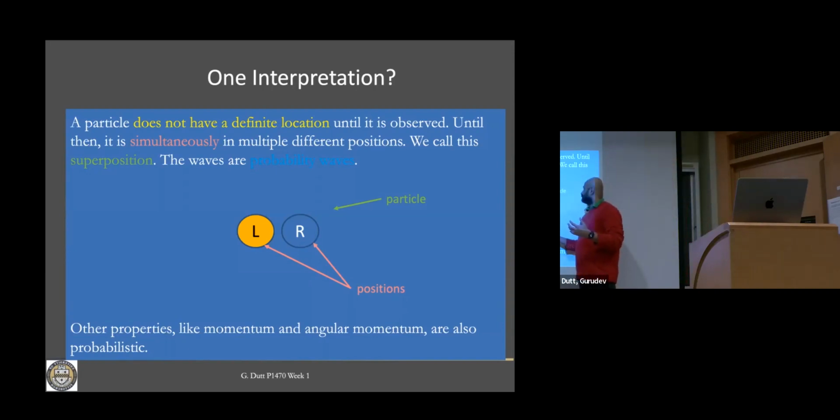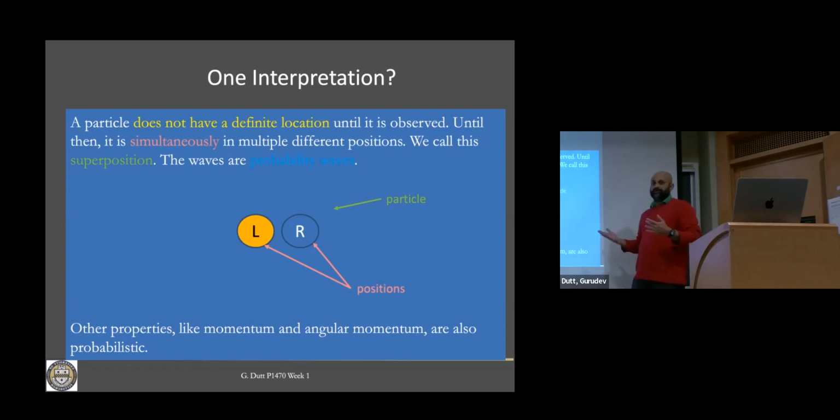And only when we decide to observe will we know the exact value of this property. And of course, it struck a lot of people the wrong way. It meant that things didn't really have any definite reality, as you might call it, until you decided to observe them. And so that was something that Einstein never agreed with until the very end.